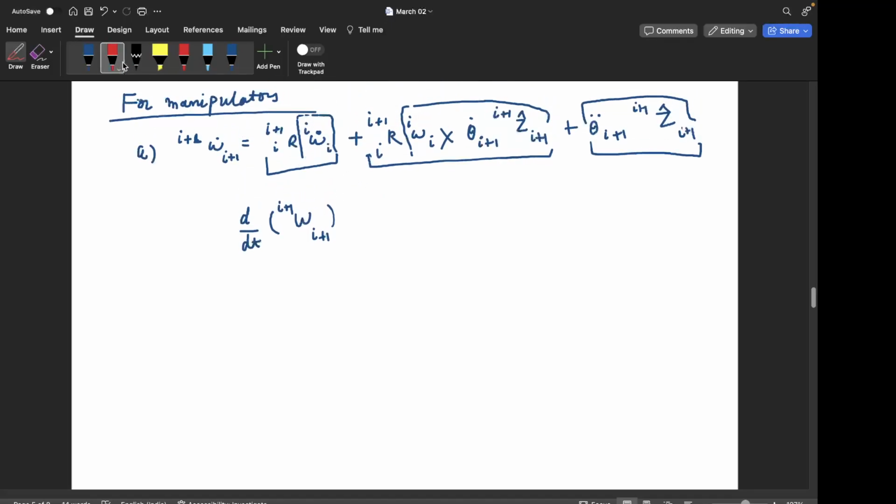The cursor comes. Okay. So this is this term.